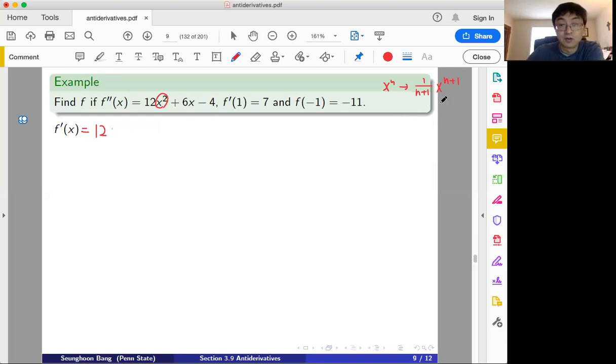We can use the formula. The 1 over 2 plus 1 is here, only 1 over, the bottom one is 2 plus 1 is 3. x cubed. Yeah, 1/3 x cubed. So like this, plus 6 times, what is the antiderivative of x to the 1?